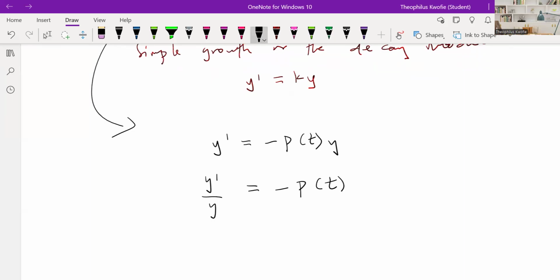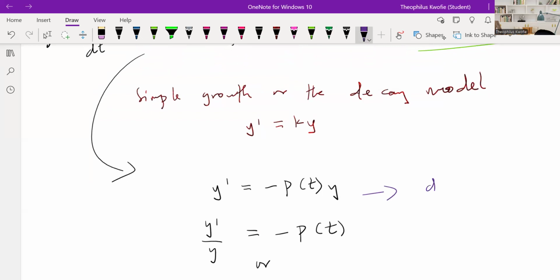This can also be written as dy/dt, because y is with respect to t, with respect to time.